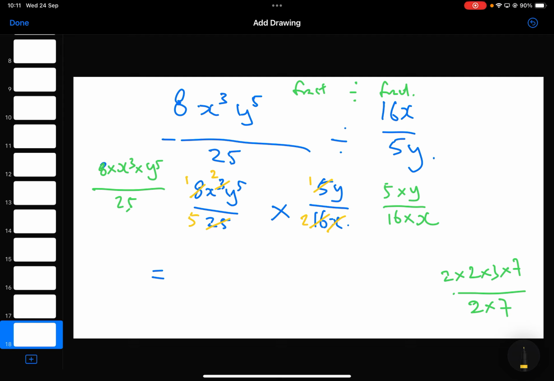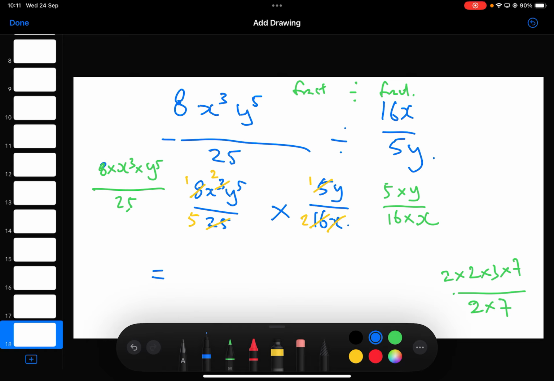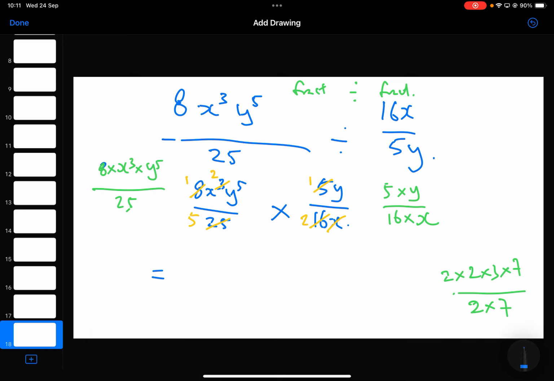Then I'm just going to multiply them together. I'll be left with 8 become 1 already. 1 times x squared is x squared. y to the power of 5 times another y, so y to the power of 6. Then bottom, 5 times 2 is 10. Then I have no more x or y. So this is the answer.